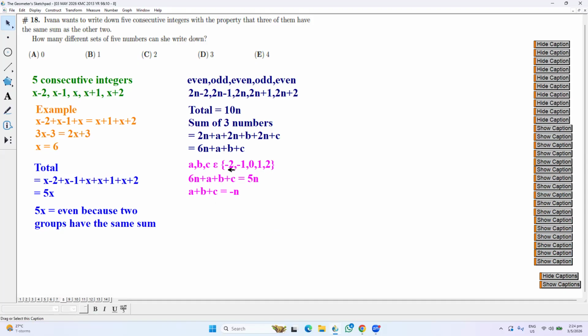The smallest will be minus 2, minus 1, plus 0, which is minus 3. The largest will be 0, 1, 2, then largest is 3. This is the interval. So there are 7 values. These are the 7 values of a plus b plus c.